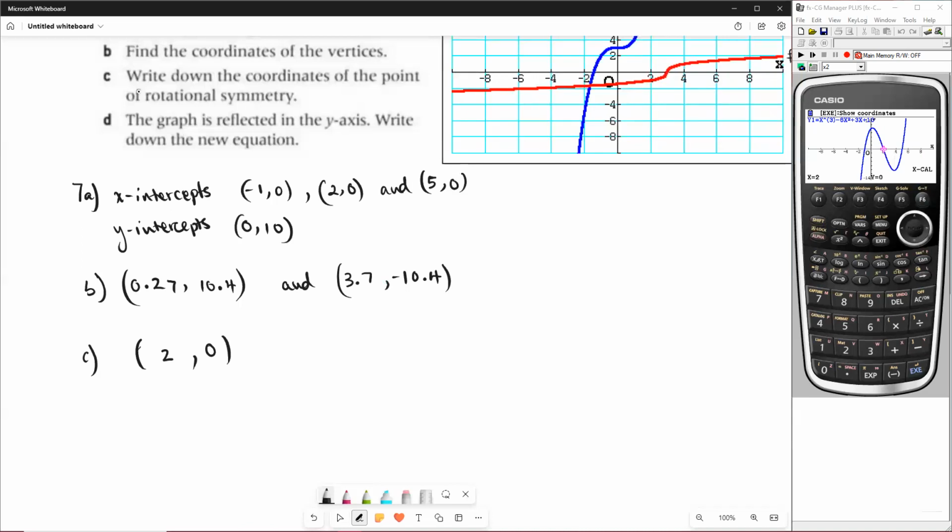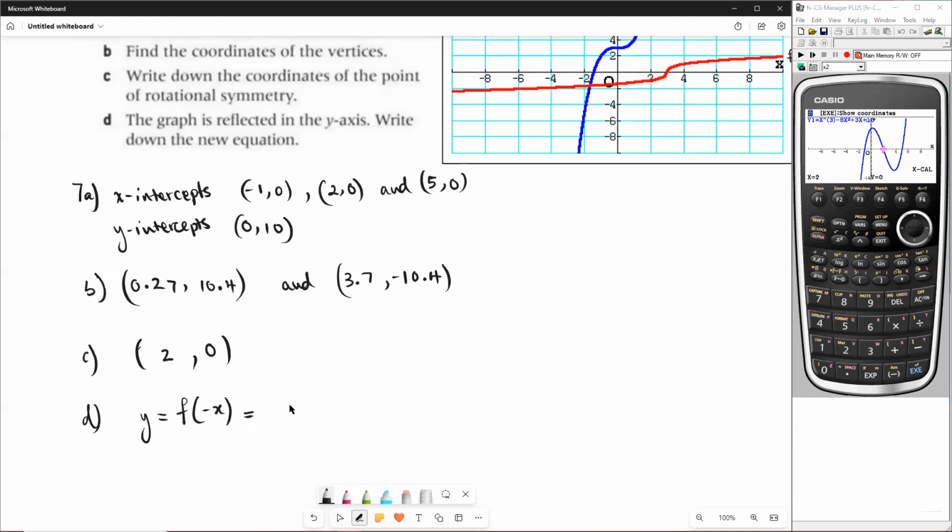Then D says the graph is reflected in the y-axis, write down the new equation. So when it's reflected in the y-axis, it creates an equation that puts negative x in the place of x. Just like how reflecting it through the line y is equal to x reversed every operation that was used, reflecting it in the y-axis replaces x with negative x.